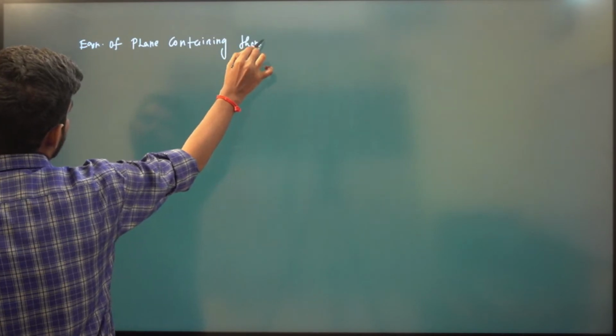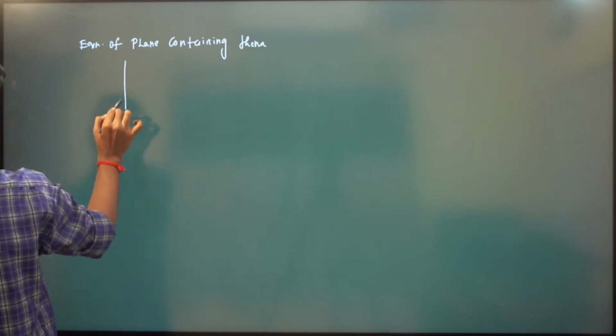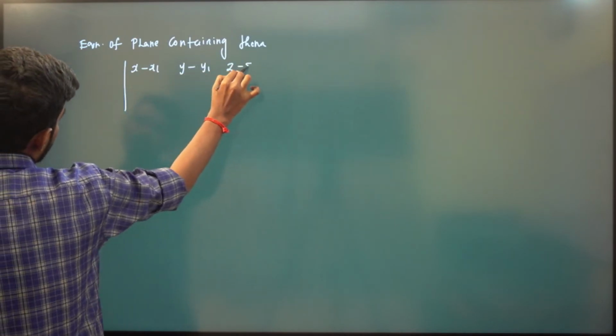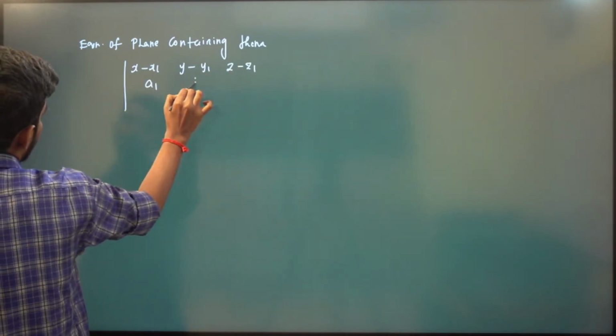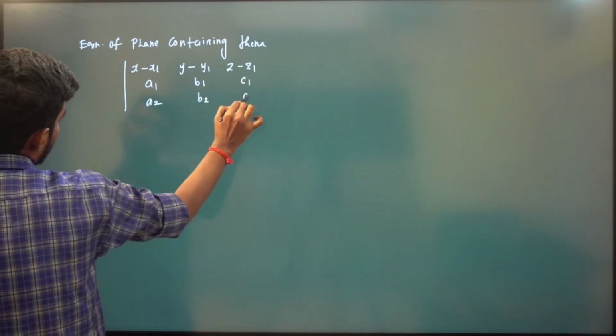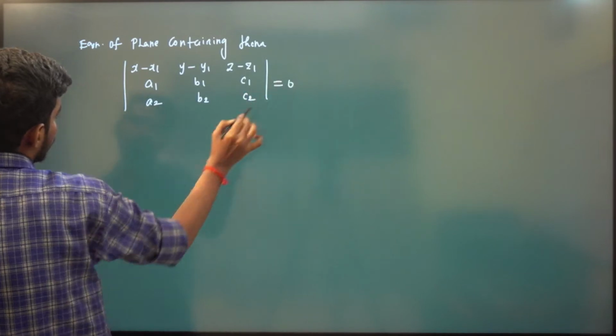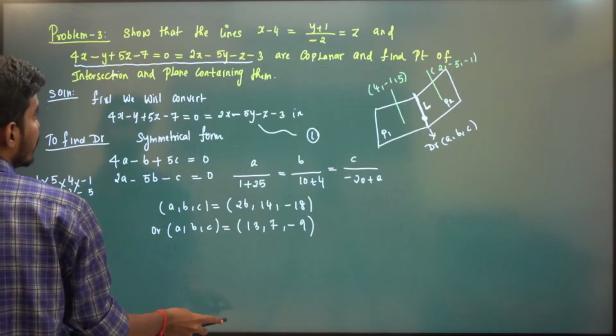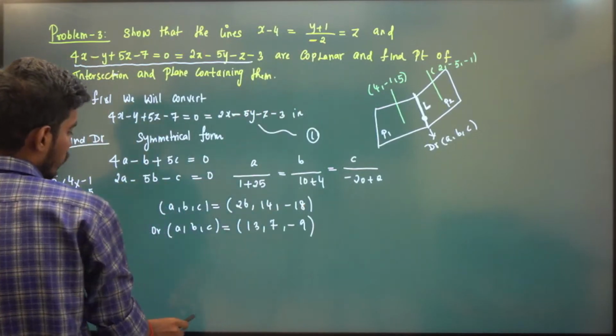containing them. So it is given by the determinant of x minus x1, y minus y1, z minus z1; a1, b1, c1; a2, b2, c2 equals 0. So here what is our x1, y1, z1? x1, y1, z1 is 4, minus 1, 0.